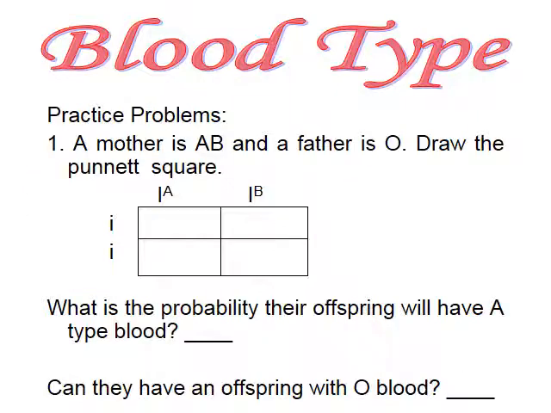Alright, so a practice problem with blood typing. So we have a mom, she's type AB, we have a father who's type O. We draw the Punnett square, and now we want to figure out the probability their offspring will have type A blood. So we fill in the Punnett square like we've been doing for well over a week now, and hopefully you can fill it out and figure it out.